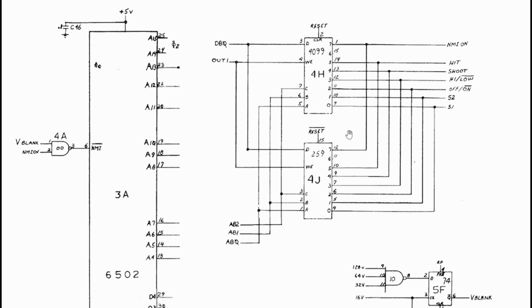This 259 chip is a latch chip, so the NMI can be latched to be on and then is triggered every V blank. We'll see that the controls are then checked every V blank by this non-maskable interrupt. So these chips, the 259 and 251s, are essentially creating a way to select or read the outside peripherals, mostly controls, by allowing them to be addressed by the CPU.